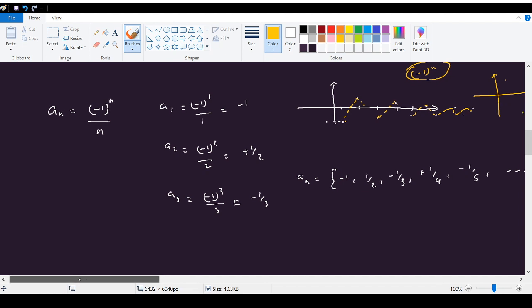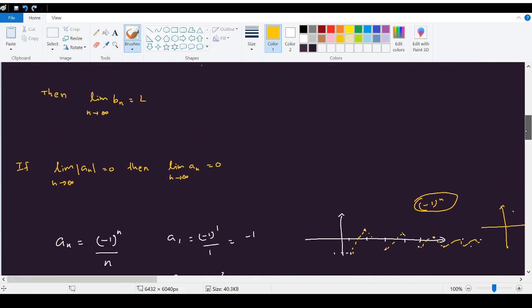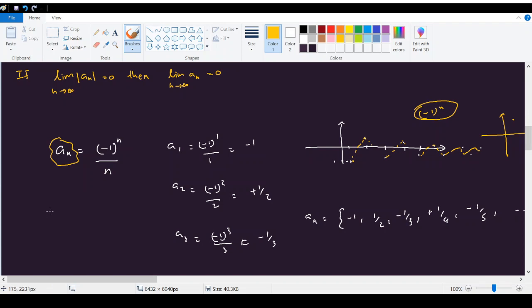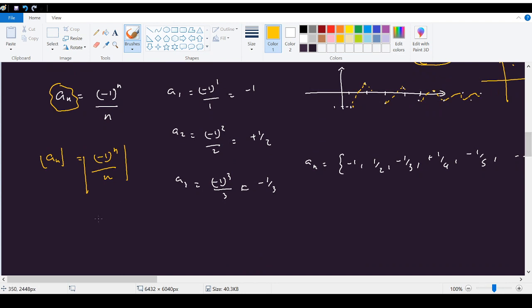But in order to use the given theorem, we don't need any of these data. What we have to do is just consider the modulus of the given sequence. The given sequence is a_n, and if we consider the modulus, then it becomes the modulus of this term. When we take the modulus, we can distribute it to the numerator and the denominator separately, and since n is a positive term, you can write it like this.